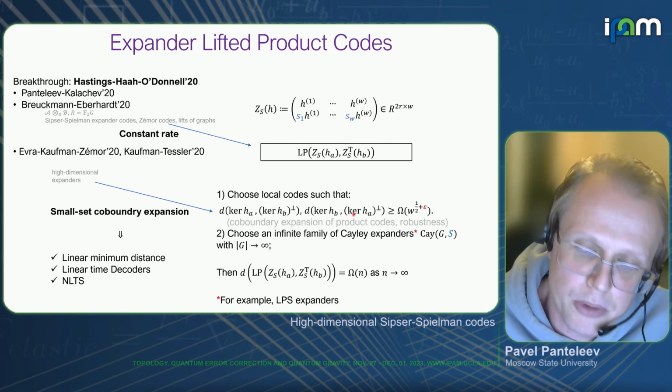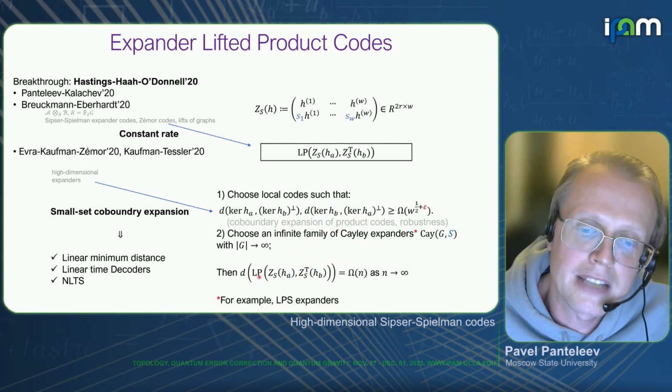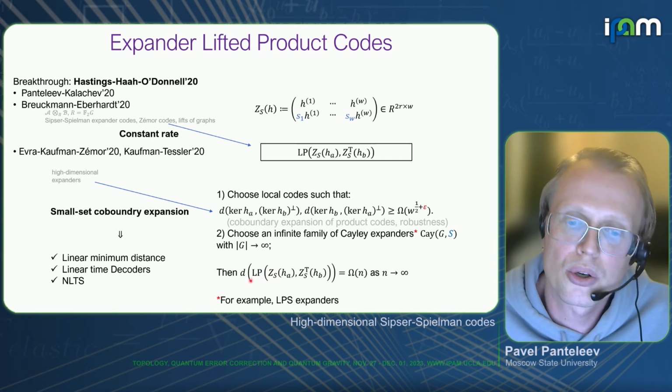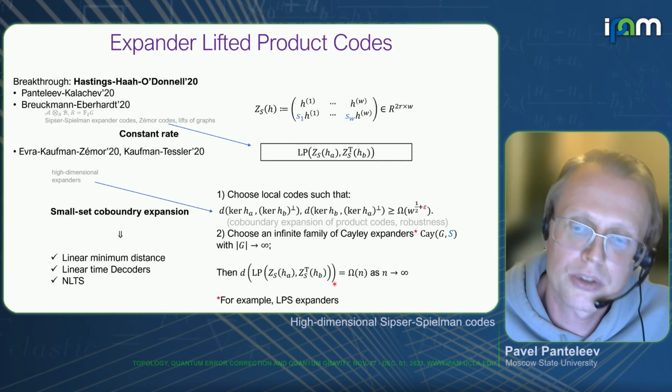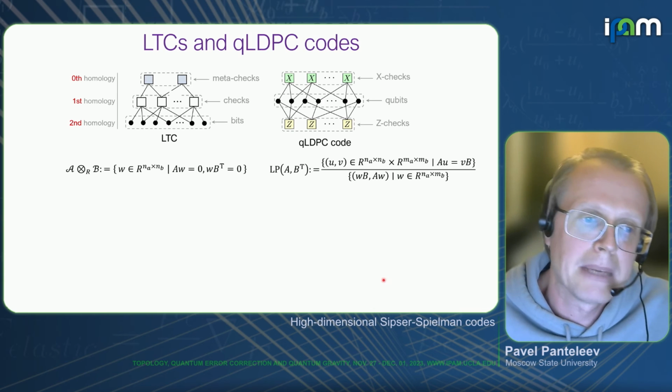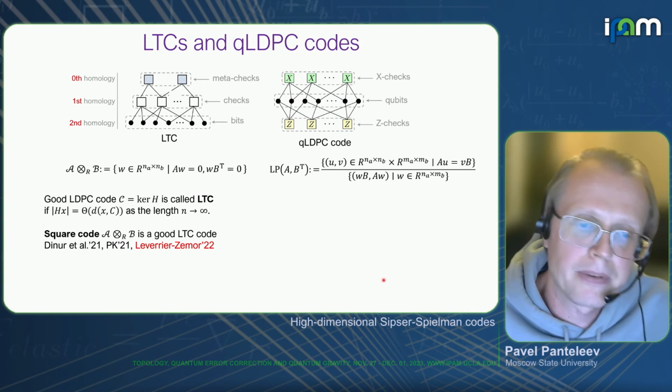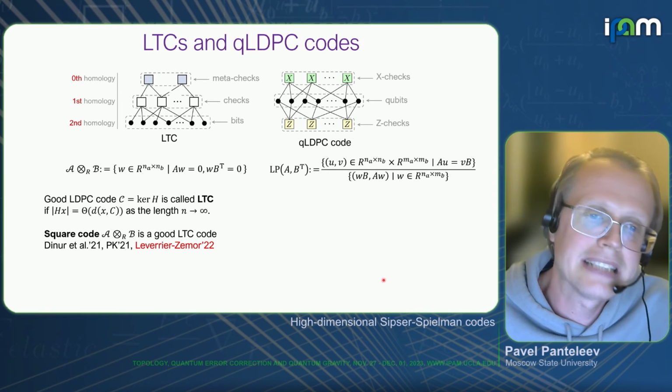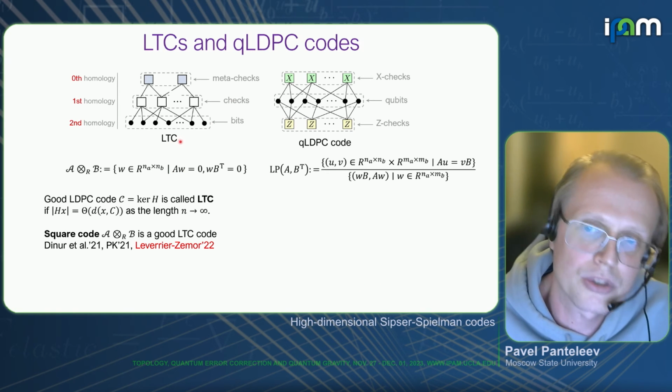And if we have this property, then it is possible to show that the quantum LDPC codes have a linear minimum distance.